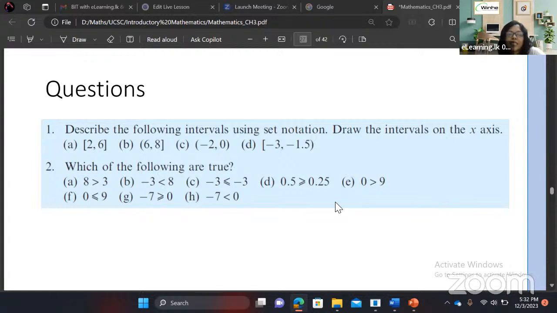But if you multiply both sides by a negative value, or divide both sides by a negative value, then the inequality sign changes, right?